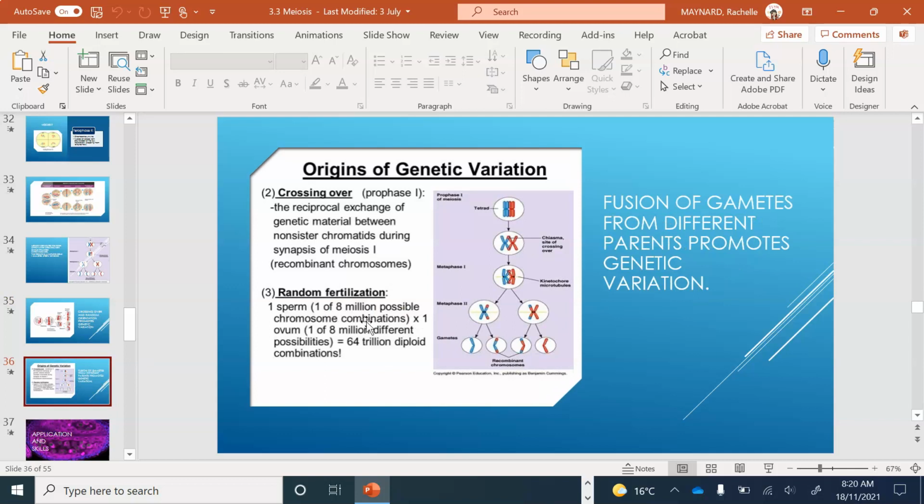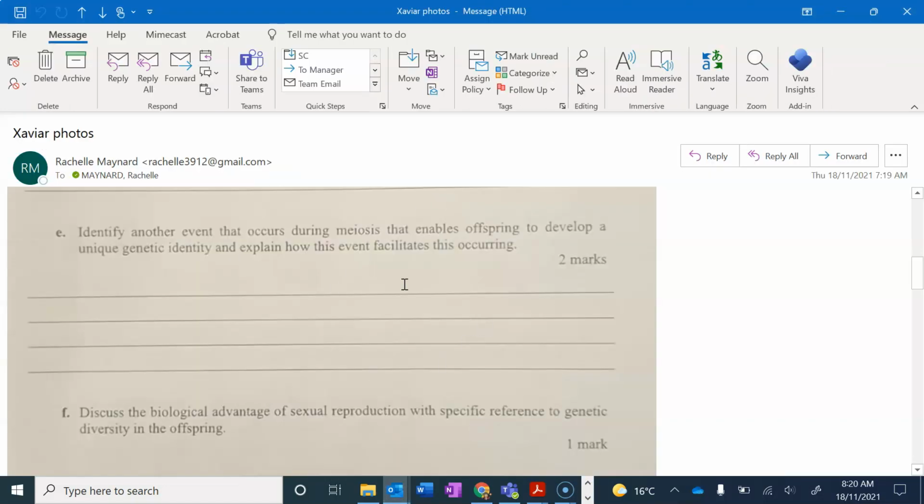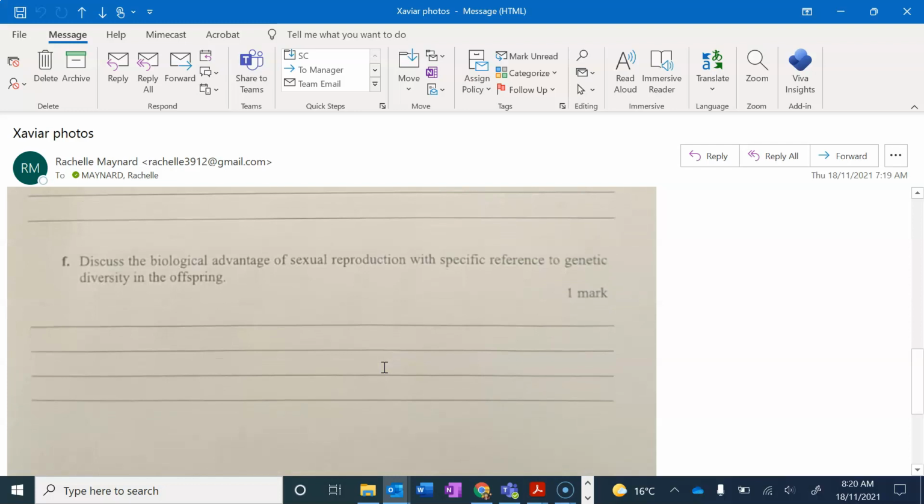And then we have random fertilization, where one sperm and one ovum with all these different genetic variation within them then fuse. So in answer to your question, I would go with random orientation of chromatids, but you could also choose random fertilization, and the fact that the two gametes are unique in their genetic code.